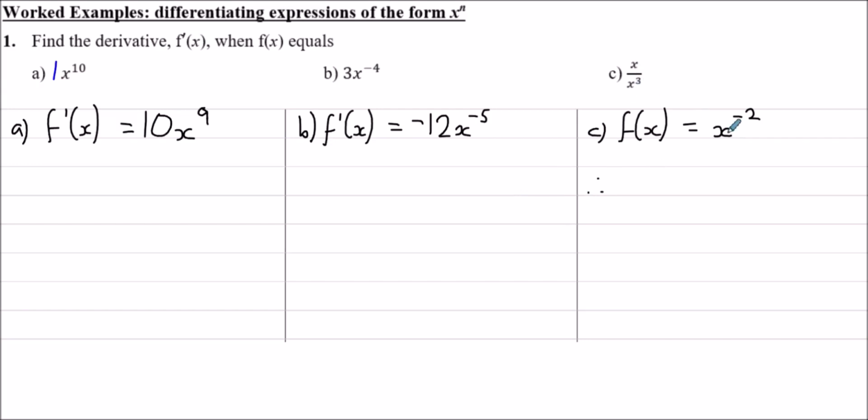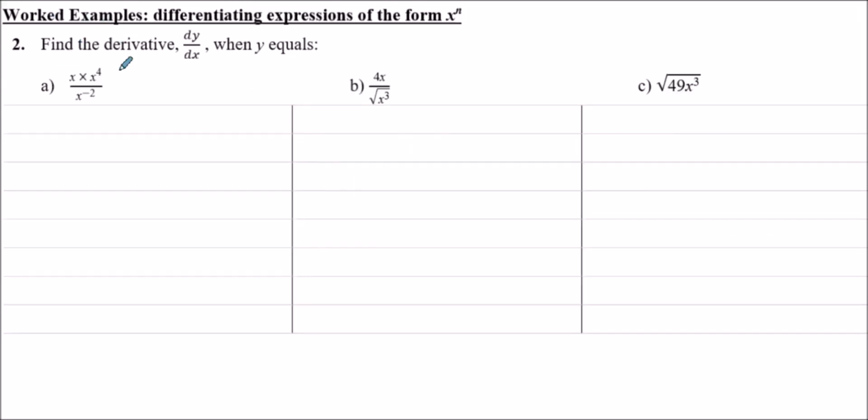So once we simplify this into x to the power minus 2, we can now say that the derivative function, in the same way as before, this power is going to get brought to the front, so we have minus 2x, and 1 less than minus 2 becomes minus 3. And so that's just showing you the general pattern and how it works in some practical examples.